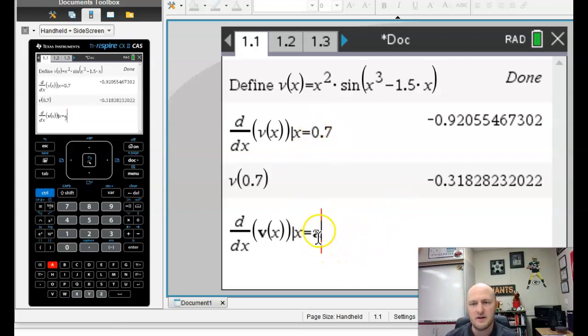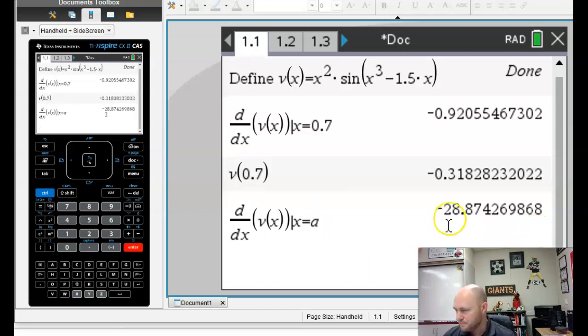Whatever that value of a was that we stored, or if you're using like 5 decimal places, you can use 1.83687. So I go ahead and enter that, and we get negative 28.874.